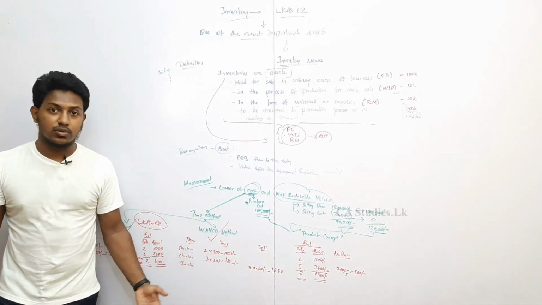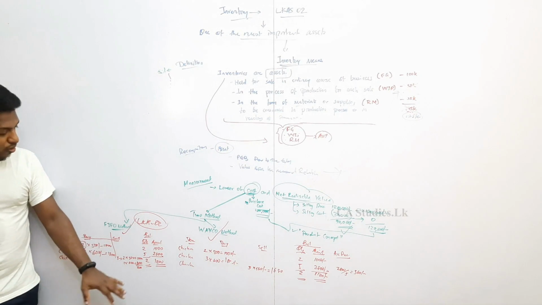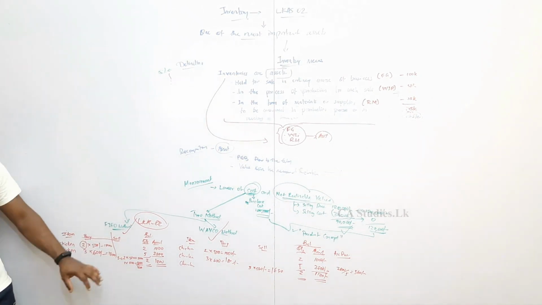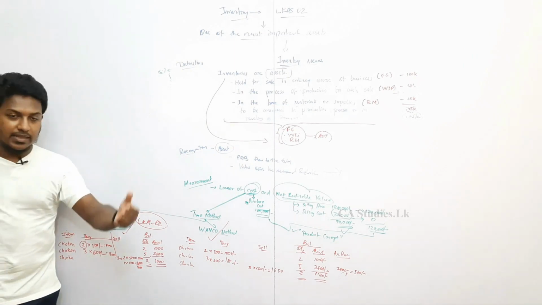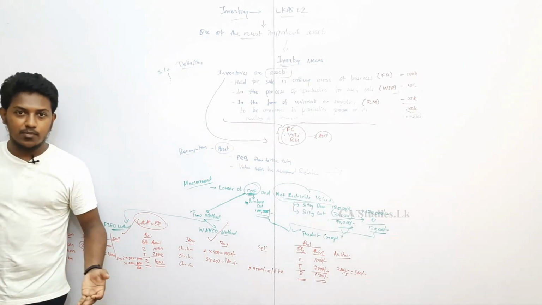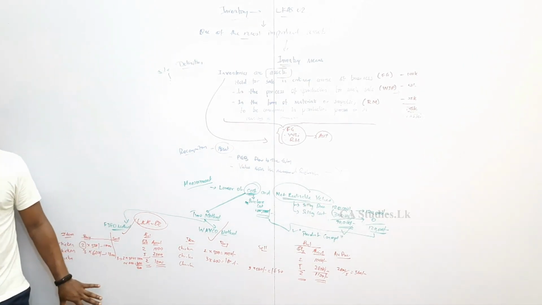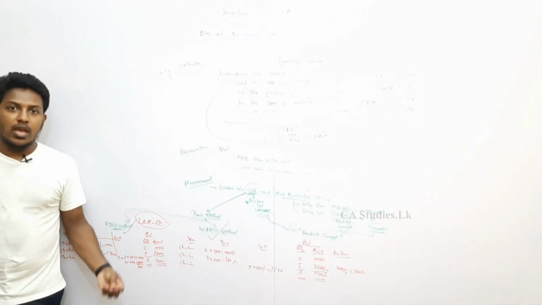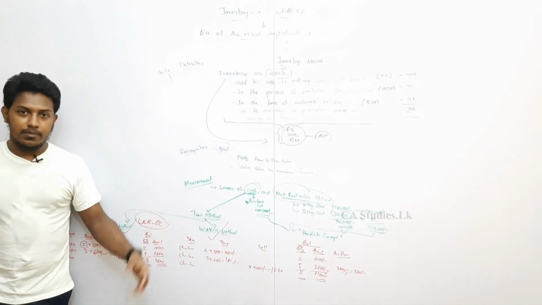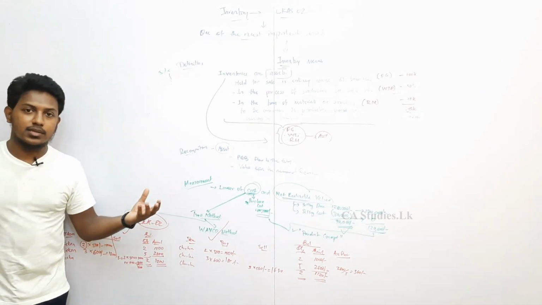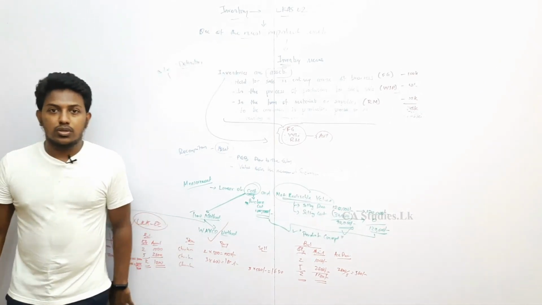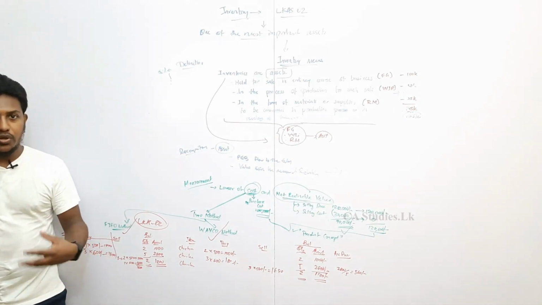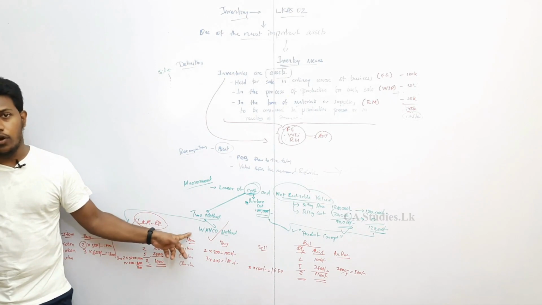So the cost to prepare the FIFO table in their Excel sheet, or the cost to prepare FIFO in their ledger book, will be higher. The cost of preparing the records is also higher. According to the Sri Lanka accounting standards, the cost of preparing the financial statements should also be considered. According to that, we can go with the average cost method.